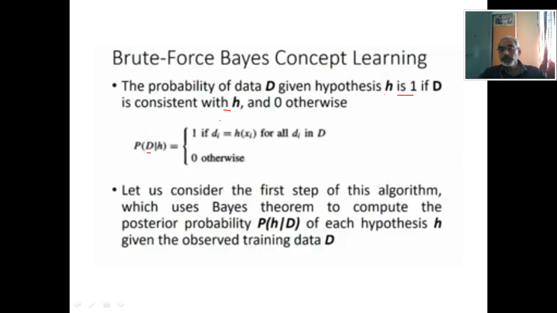H. Right? So whenever you take some set of hypothesis and some training data set, suppose you have one hypothesis which says that 80% of the students pass the first internals.